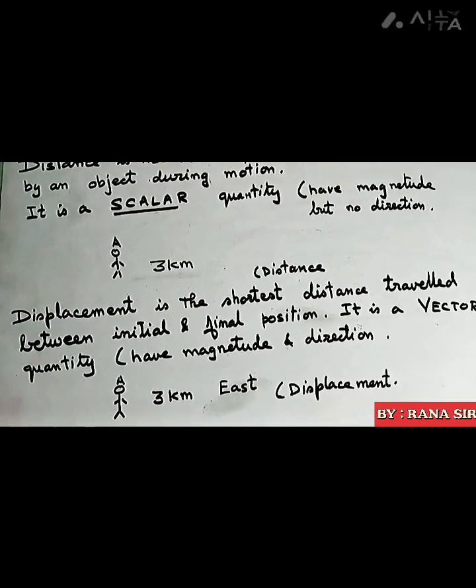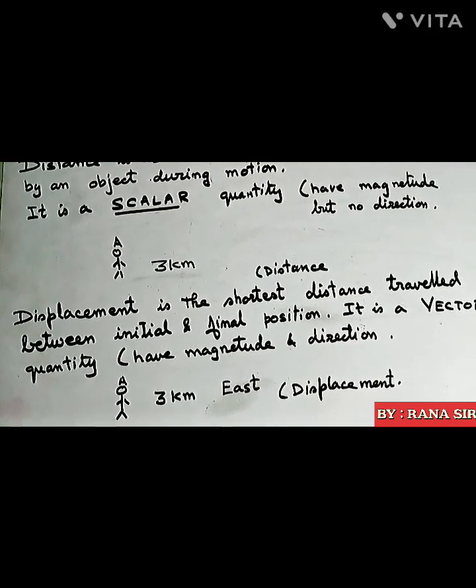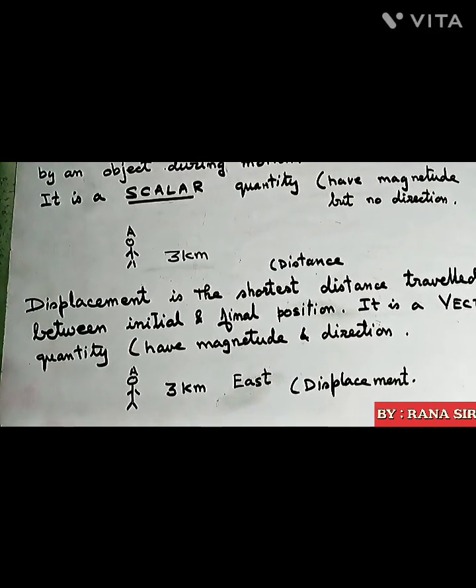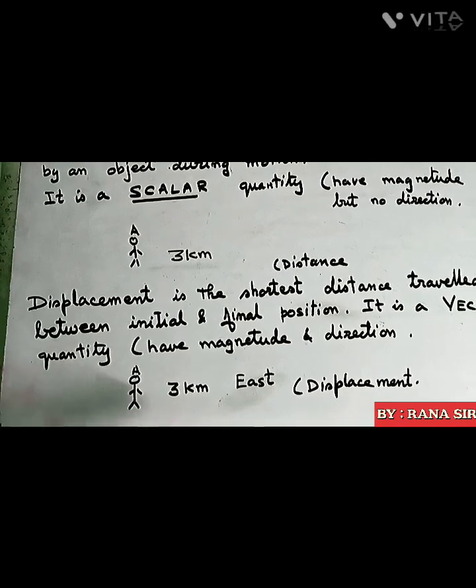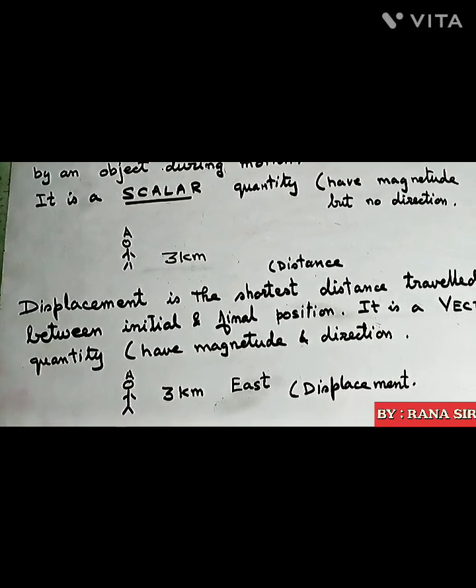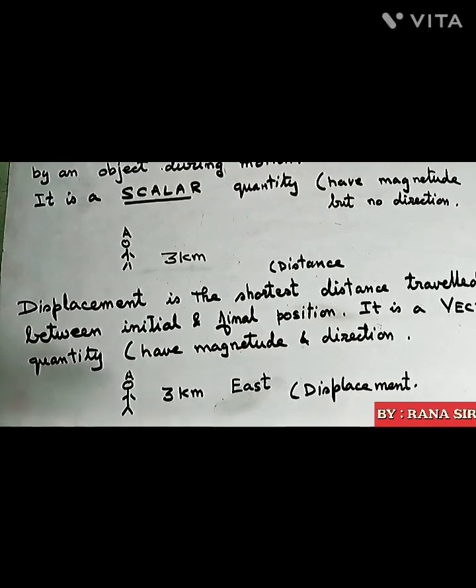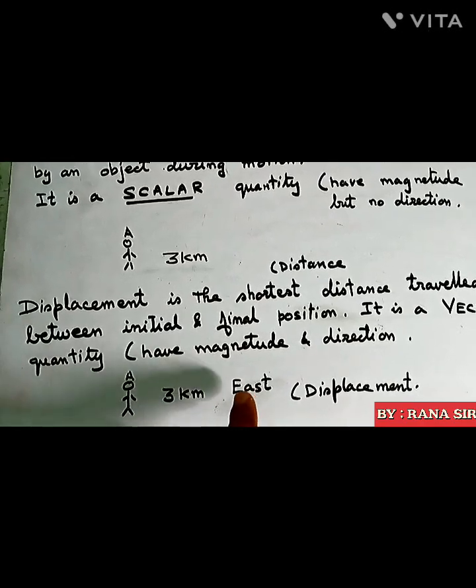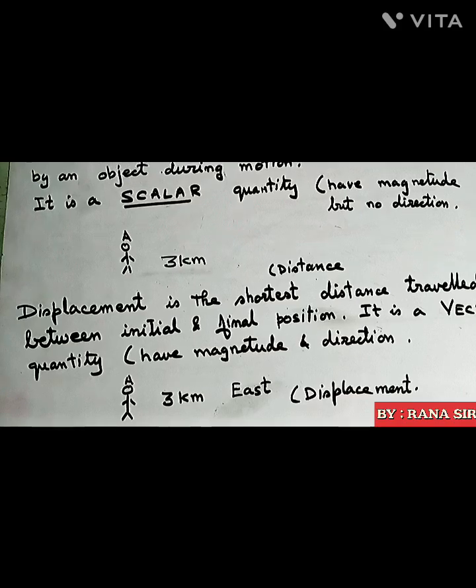It is a vector quantity, that is, it has magnitude and direction. So again, person A is traveling 3 kilometers. Now I have specified he has traveled 3 kilometers east. So when the direction is specified, east, it is displacement.